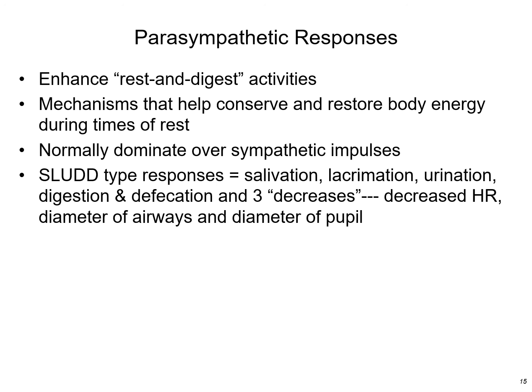When we sleep, when we are in a quiet, undisturbed environment, we have rest and digest activities in our body that dominate. This means that there's a conservation of energy and also recharging the body's energy stores.